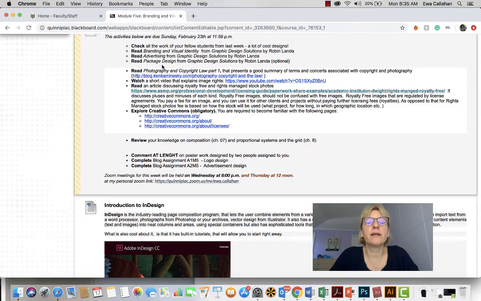You can also read package design. We are not going to go deeply into designing packages, but it's a very interesting chapter and gets some cool ideas, which, if you are interested in usability and thinking how to get creative with repurposing, would be a good one to add.